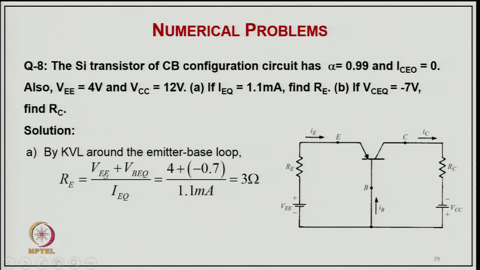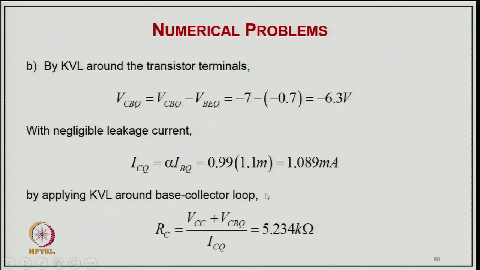So RE will be VE, that is the voltage here, plus VBEQ divided by IEQ. So that will be 4 minus 0.7 divided by 1.1, that comes 3 kilo ohm, and by KVL around the transistor terminals, VCBQ minus VCBQ minus typically VBQ, that is minus 7 minus 0.7.